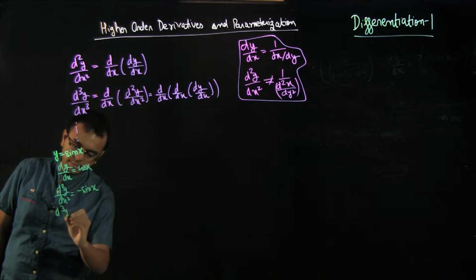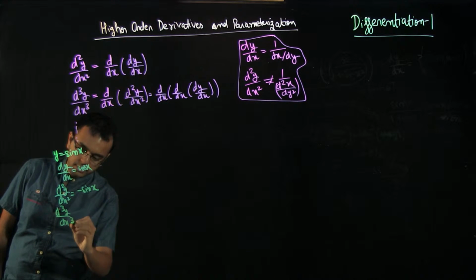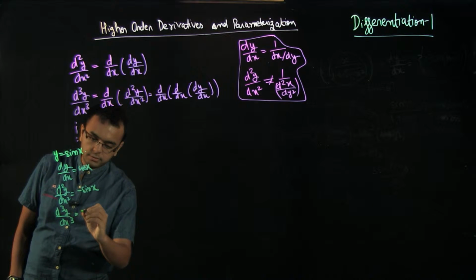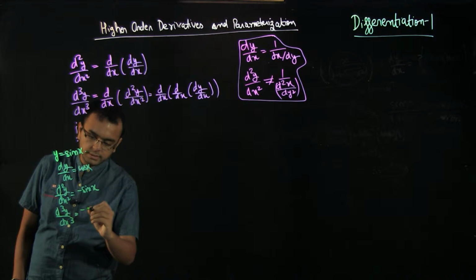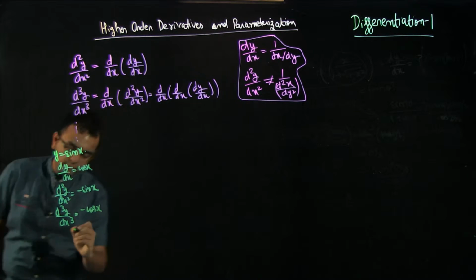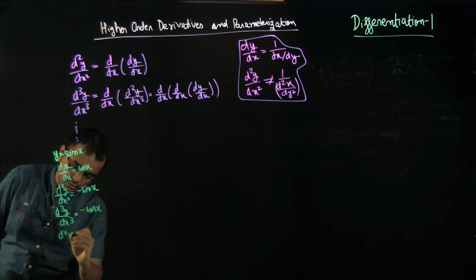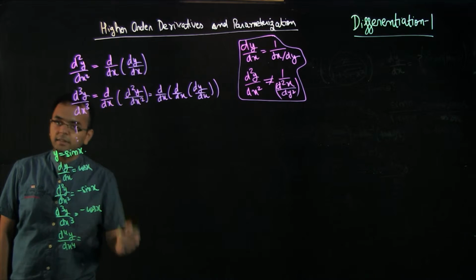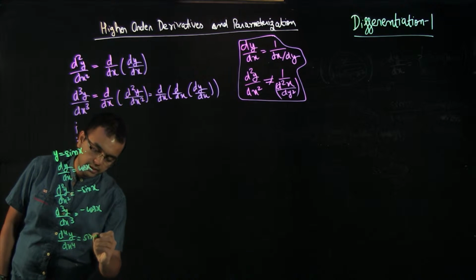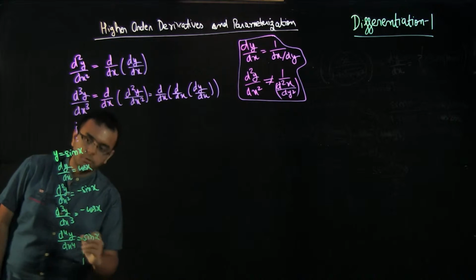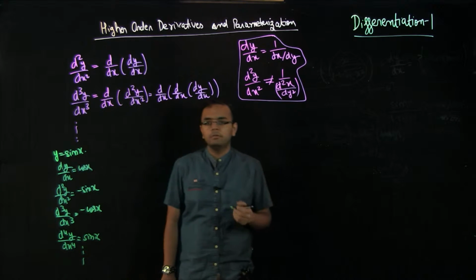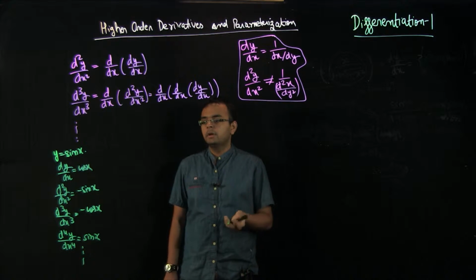Similarly, d cube y by dx cube will be the differentiation of minus sin x, which is minus cos x, and d4y by dx4 would be the differentiation of minus cos x, which is minus of minus sin x, which is nothing but plus sin x. So this is what you would mean by higher order derivatives.